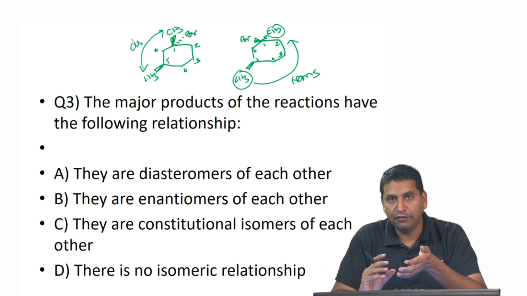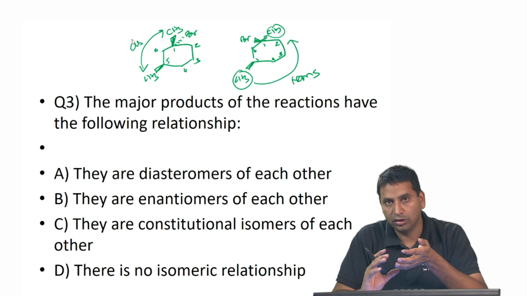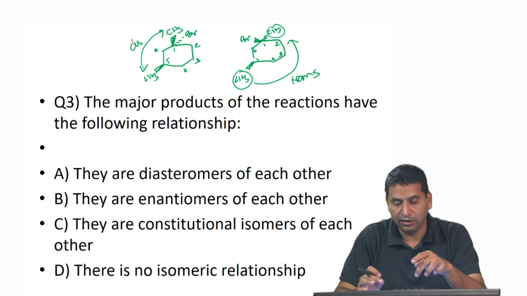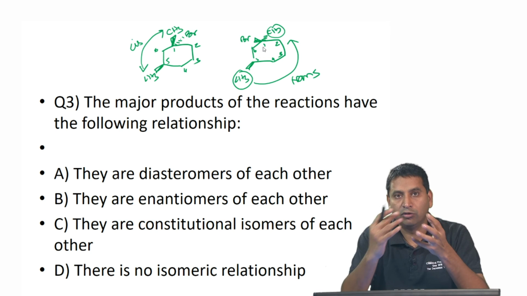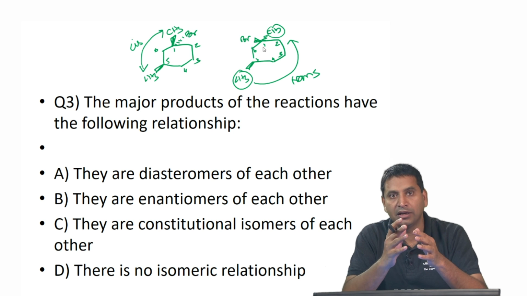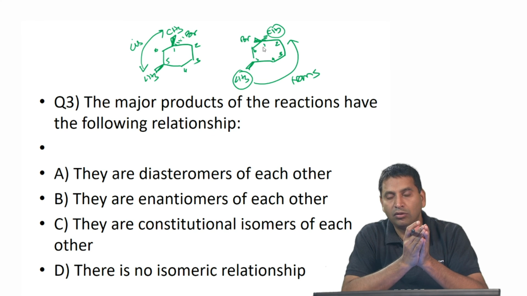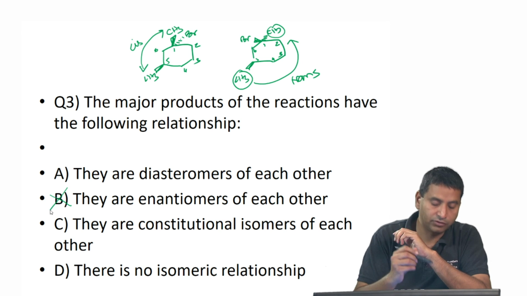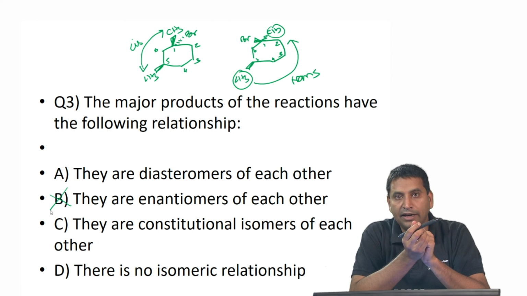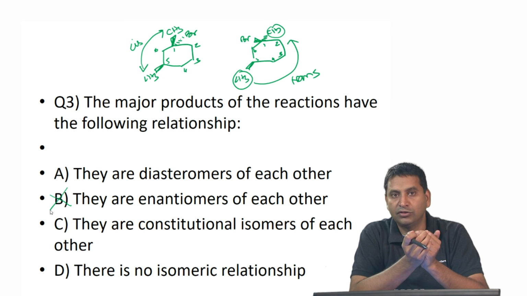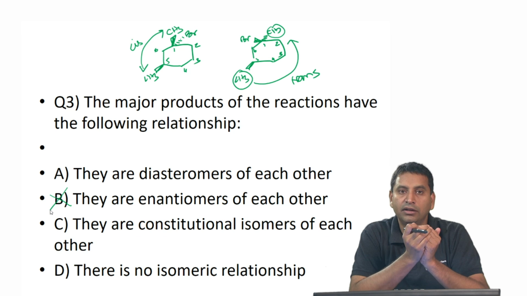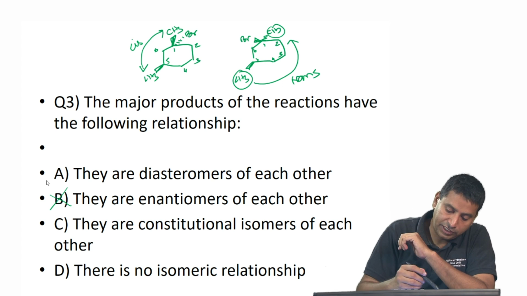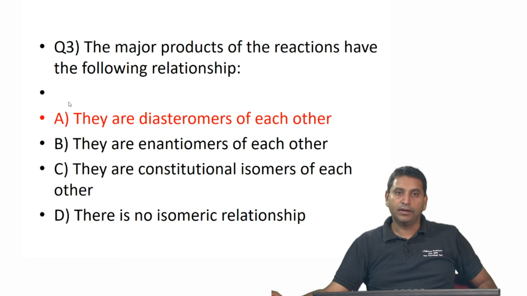So, if I have to now draw out a mirror plane relationship, if I put them both in the mirror plane, then at carbon 1, there would be an inversion and it would fit very well, but in carbon 5 there is no mirror plane relationship. Therefore, these are not enantiomers of each other. So, B is wrong, right. And our definition of a diastereomer is that they are stereoisomers which do not have a mirror plane relationship. Therefore, the correct answer would be A. Okay, that is the correct answer.